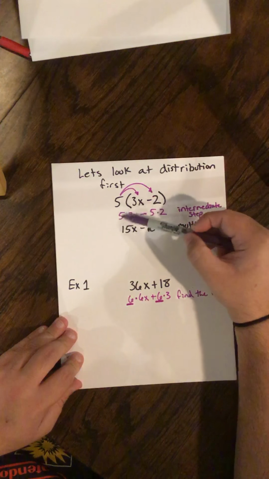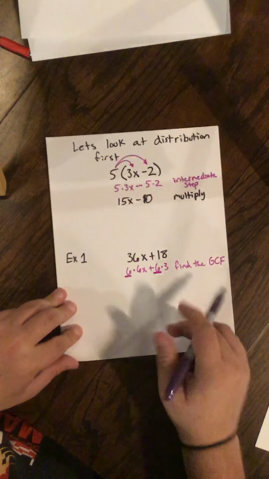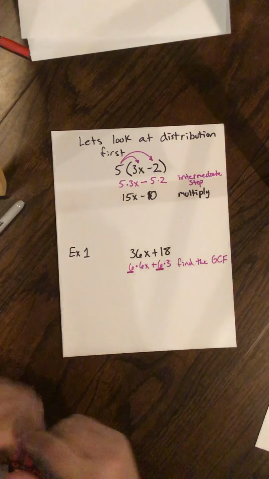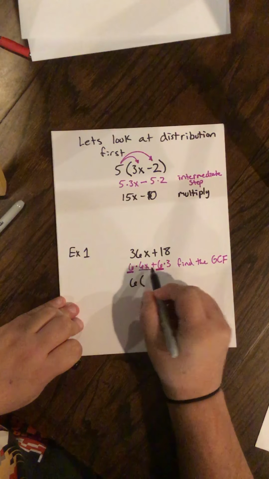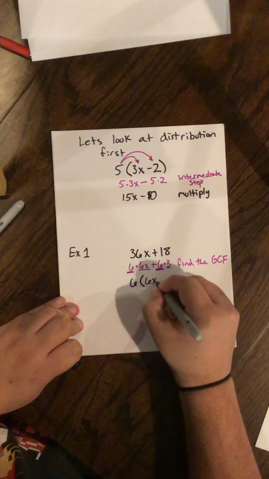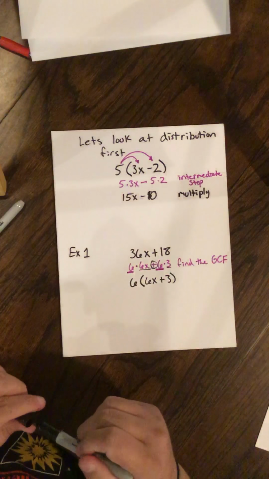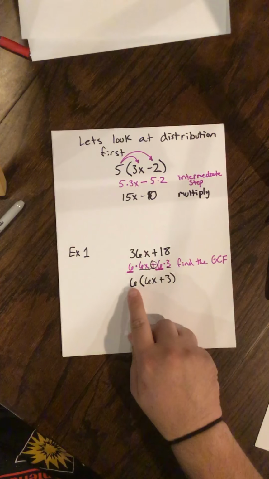We can just take this 5 and this 5 and put it out front with some parentheses. Well, you can do the same thing down here. So let's just put the 6 out front with parentheses because it means the same thing, and then include this one and this one, 6x plus 3. There's the plus sign right there. Okay. And now we factored out the GCF, or that 6.